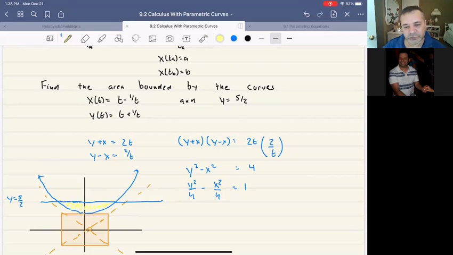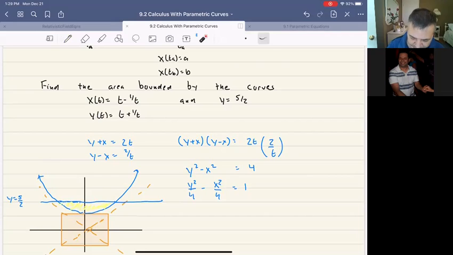I'm just going to take from here to here and multiply it by 2. Actually, let's not. Let's try from here to here. This point here, we need to find the times at which they intersect.